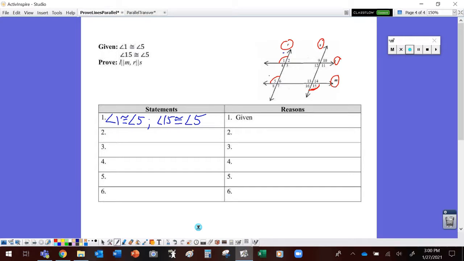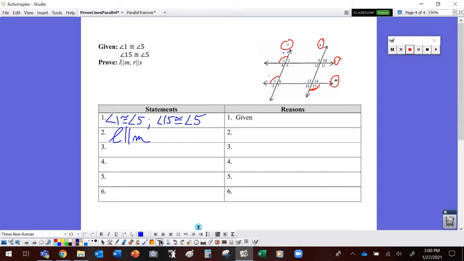However, since angles 1 and 5 are congruent, I can say that lines L and M are parallel, because they are corresponding, excuse me, not L and M. Yeah, lines L and M are parallel because if corresponding angles are congruent, then lines are parallel.